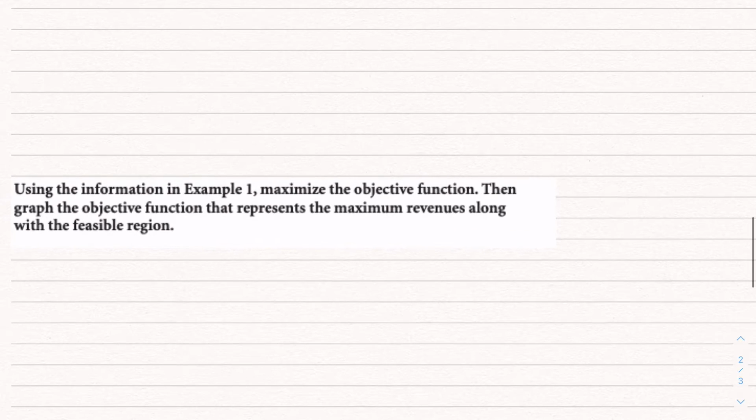For example number 2, use the information in example 1 to maximize the objective function, then graph the objective function that represents the maximum revenue along with the feasible region.